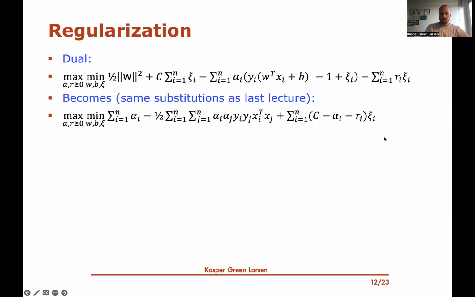And over here, we've just gathered the terms that involve the psi i's: a C times the sum of the psi i's, a minus ri times the sum of the psi i's, and finally a minus alpha i times psi i. So we just collected all the terms that come from the psi i, and the rest is the same as before. And of course, we still have the constraint that the sum of alpha i yi has to equal 0.